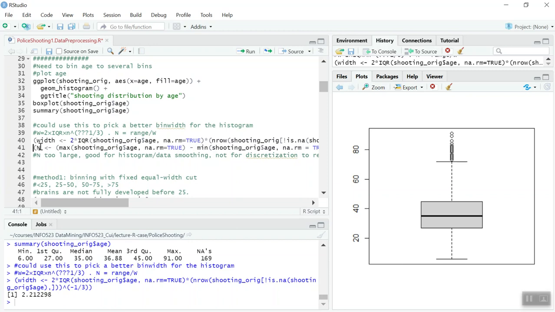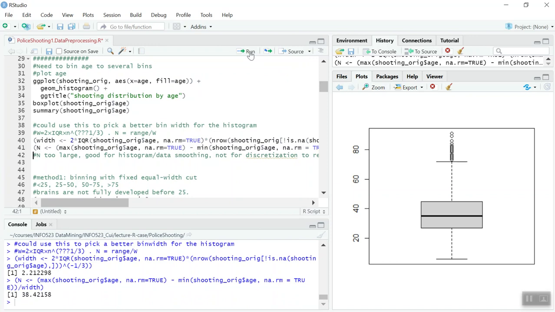we can find, if we do an equal width bin, the number of bins that we want to create. And this n tells us to bin the data to create 38 bins. So this number tells me that this heuristic is good for histogram and data smoothing purposes.